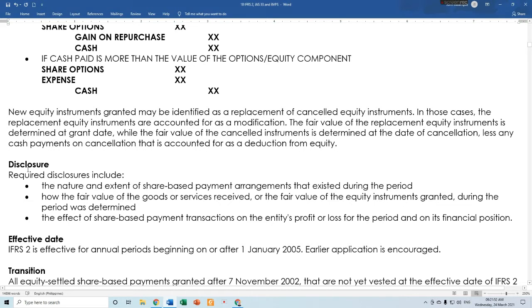Okay? So parang ang gagawin mo, i-debit mo yung share options na natanggal, i-credit mo yung, or kung hindi man siya share option, basta kung ano man yung equity component na natanggal. So parang ang entry mo ganito. I-debit mo yung equity component na old.